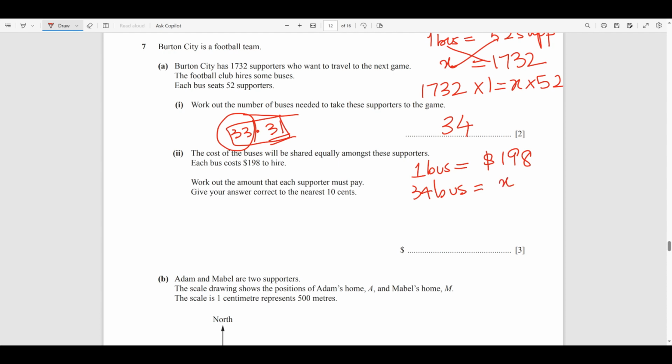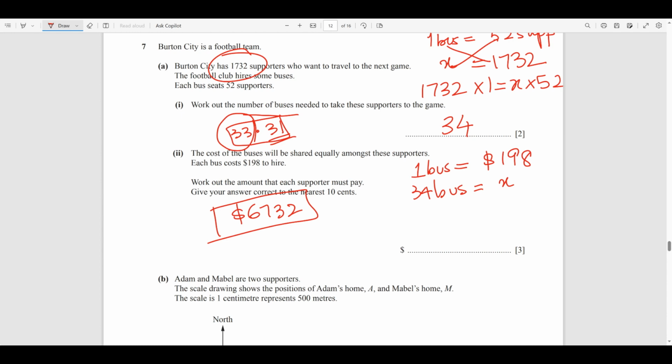So 34 times 198 will give us the total cost, in dollars. That's the cost for all the buses that will be hired for all these 1732 supporters. Now we need to see what is per head.